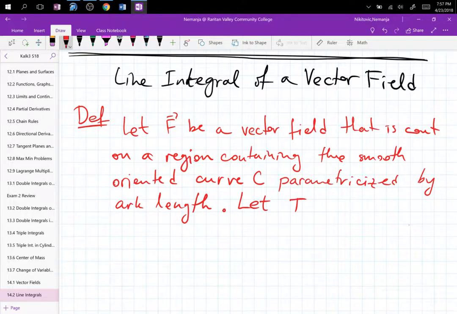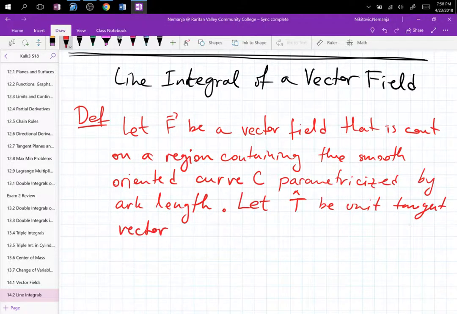Let T be the unit tangent vector at each point of C, consistent with the orientation.